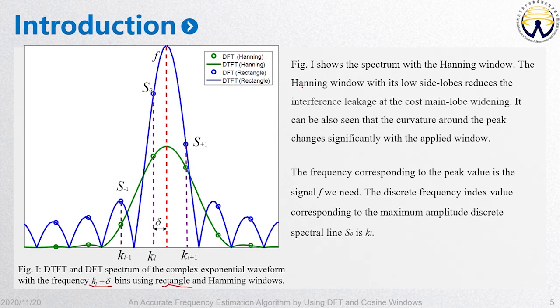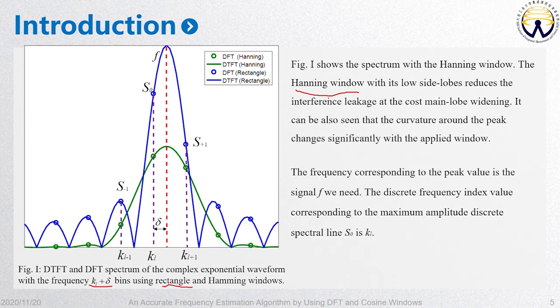The Hamming window, with its lower side lobes, reduces the interference leakage at the cost of main lobe widening. It can also be seen that the convolution around the peak changes significantly with the applied window.